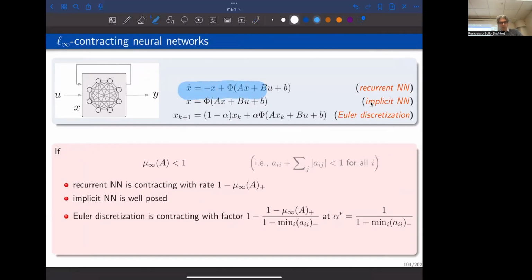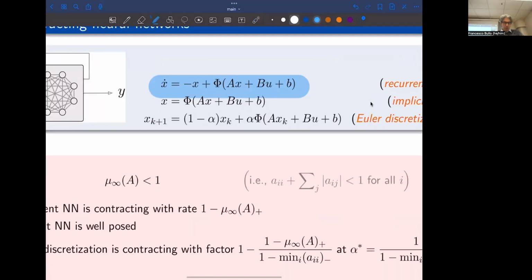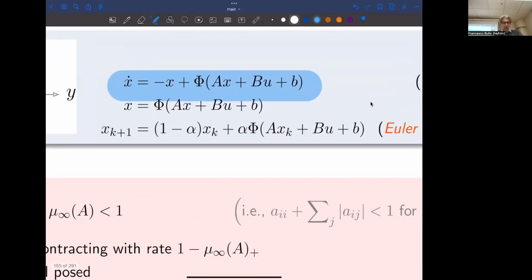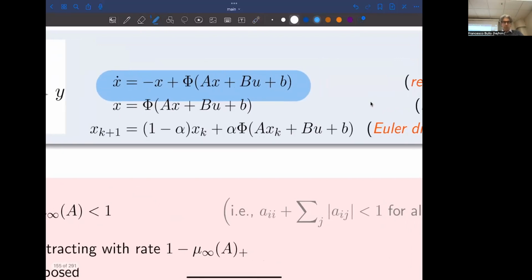If you look at the recurrent neural network model in the firing rate version, where the nonlinearity is applied outside and the linear map A is applied inside the parentheses, then that is called a recurrent neural network. If you look at the fixed point problem that it defines, so once again, this is the recurrent neural network, I set x dot to 0.